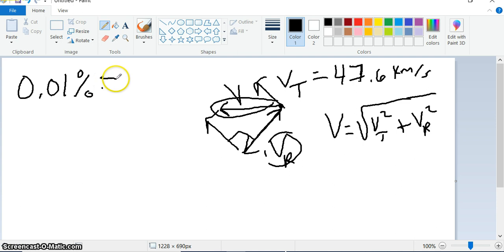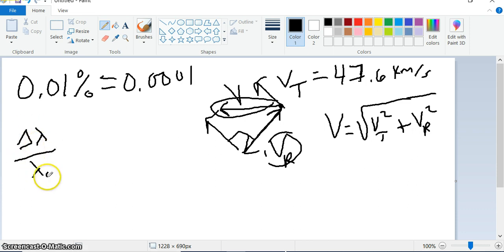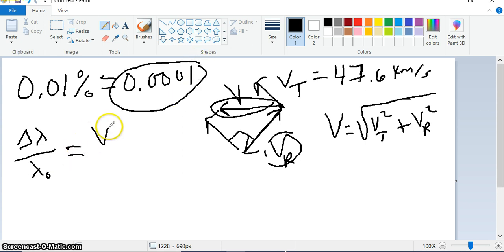Percent means I've got to put two more zeros, so it's going to be 0.0001. That's the shift, if you will. Remember when we did this delta lambda over lambda naught, that's equal to this, and remember that's the velocity divided by the speed of light.